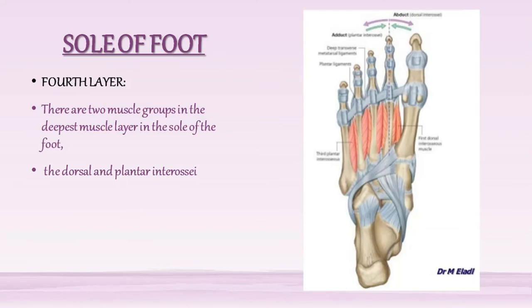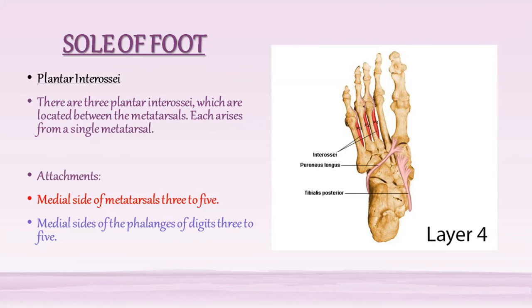There are two muscles present in the deepest layer in the sole of the foot, the dorsal interossei and the plantar interossei muscles. There are three plantar interossei muscles which are located between the metatarsals. These are the metatarsals.